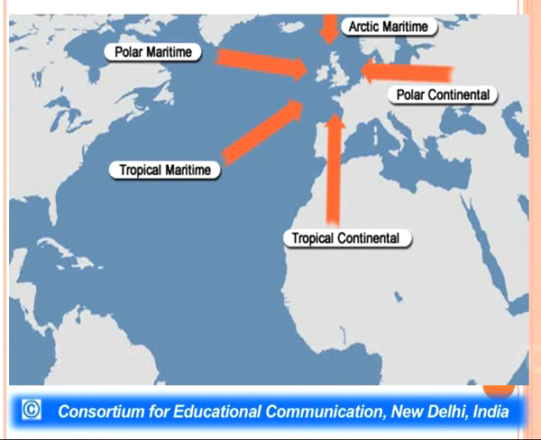Passing over the Adriatic Sea, it enters Italy, and on the Italian peninsula there are the Apennine Mountains. Due to the effect of the Apennine Mountains on the Italian peninsula, again CP, continental polar air mass, gets aloft and it yields snowfall and cold waves.